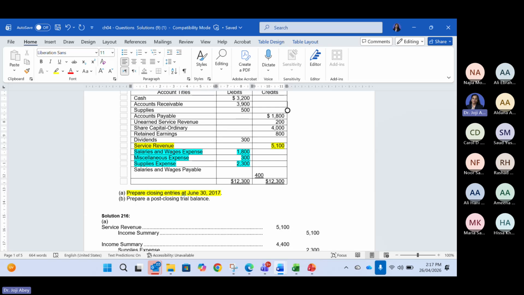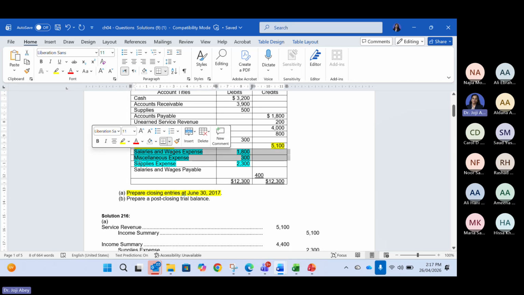Unearned service revenue. It will be accounts receivable. No. Unearned service revenue, my question. The next one. You can see the screen below this accounts payable.